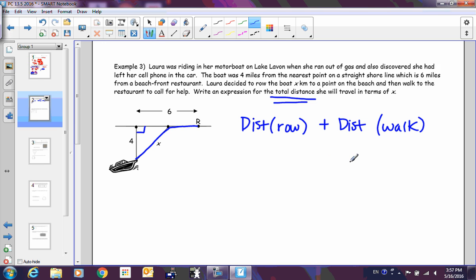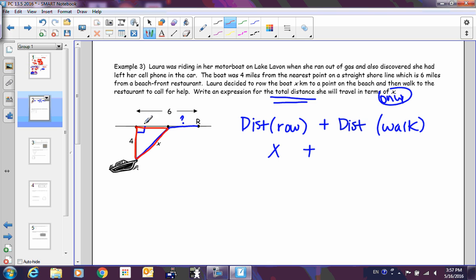Now remember, our answer should have only X. So how far is she rowing? Right here. That's X. So the real work here is figuring out the distance that she's going to walk. What is that distance right there? We're going to work our way around to it. If you just look at the triangle, this is like we did in the first one.